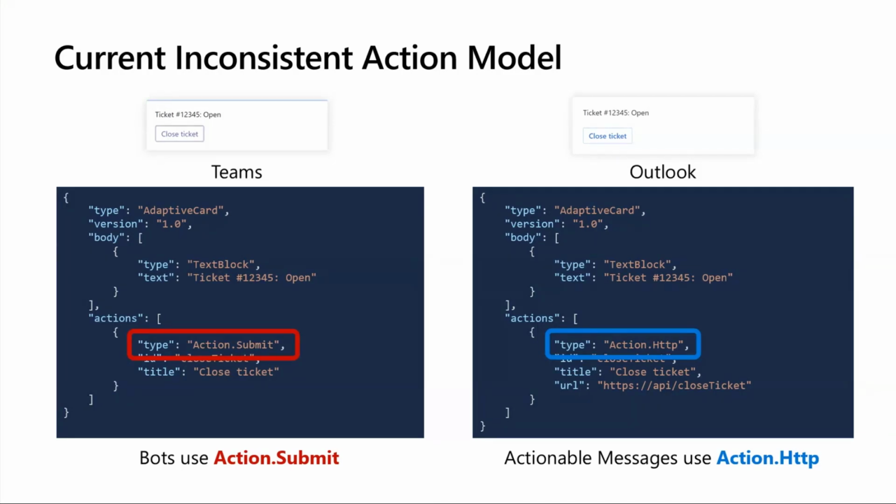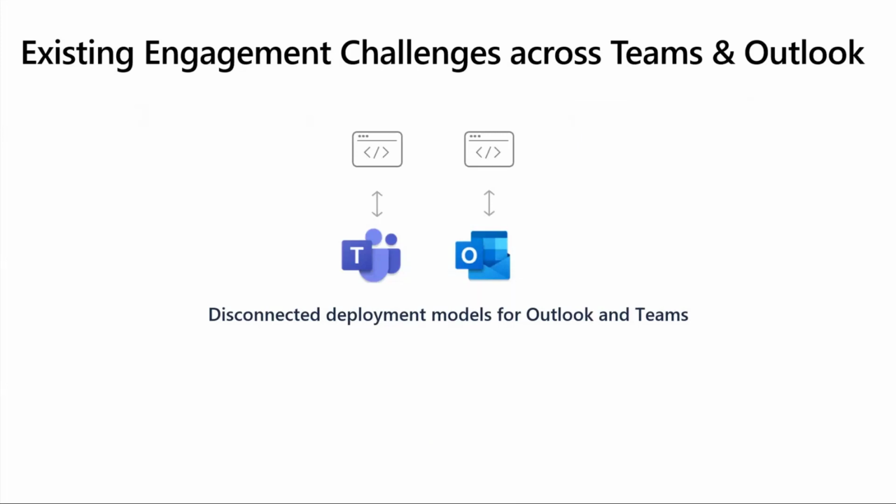Hence, you see that the action model is inconsistent and there previously did not exist any way to have the same adaptive card payload work on both Teams and Outlook. This presented a disconnected deployment model for Outlook and Teams.